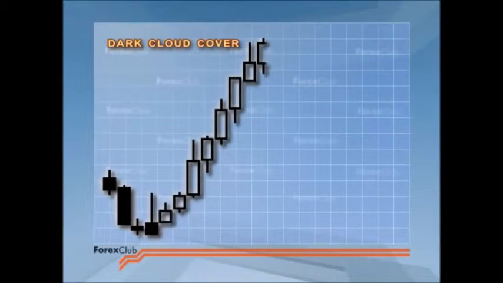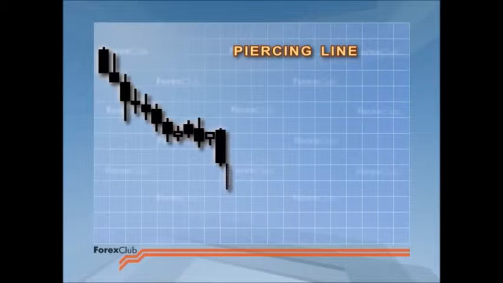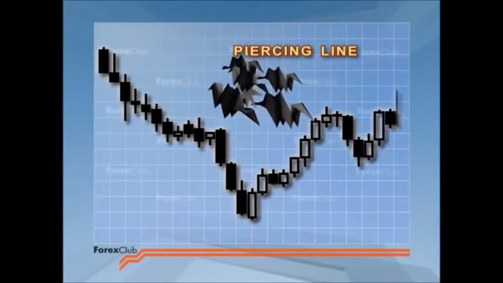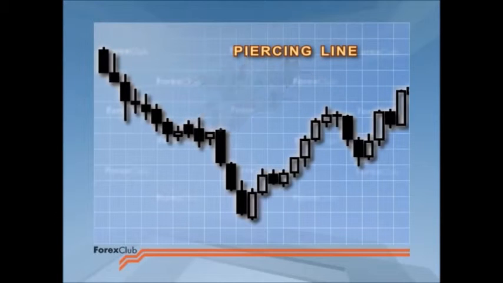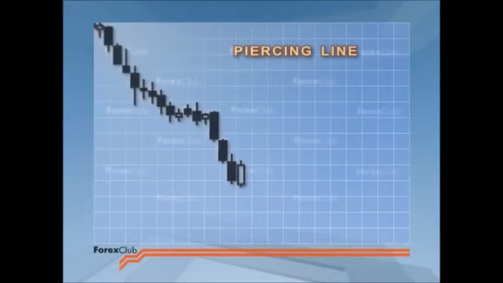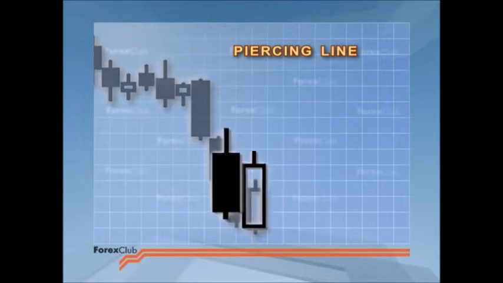Dark cloud cover has its precise antithesis at the bottom of the market. It too is a good reversal signal, a bullish one this time of course, and it goes by the name of the piercing line. Again we have two candles, the first a long black and the second a long white.